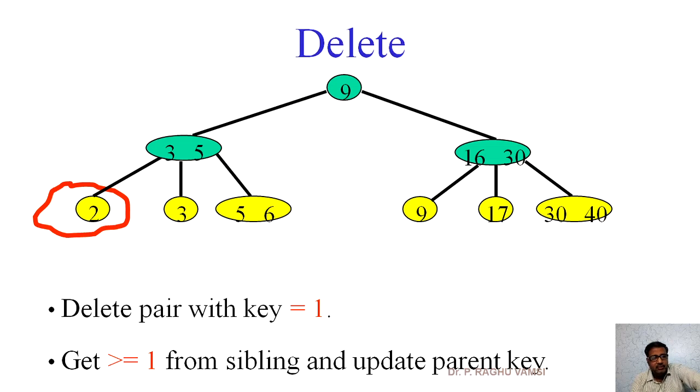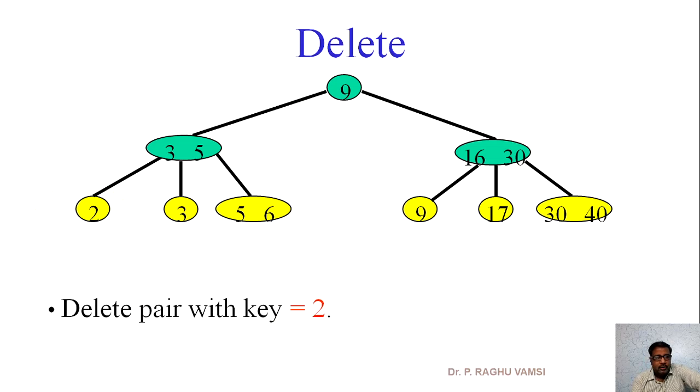So this is the way you are supposed to do this. Next, delete pair with key 1, which we have done just now. Now delete the pair with key 2. Whenever the key 2 is deleted, you have to borrow from the sibling. Whenever you borrow from the sibling, 3 will come here. Whenever 3 has come here, what element will be present here? Nothing.